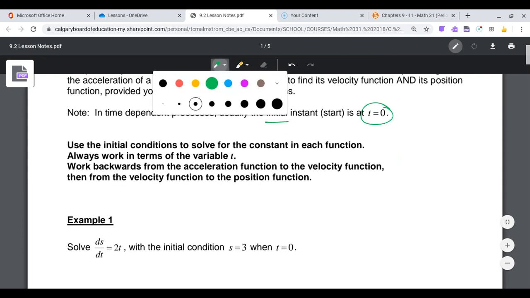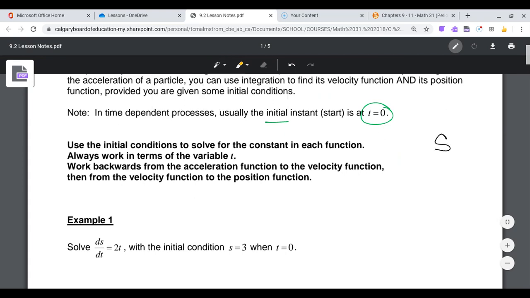So think about what we did back in chapter 2, I think it was. We have the position function, and then we took the derivative of the position function, which gave us velocity, and then velocity's derivative gave us acceleration. So if we're working towards acceleration, we're taking the derivative.